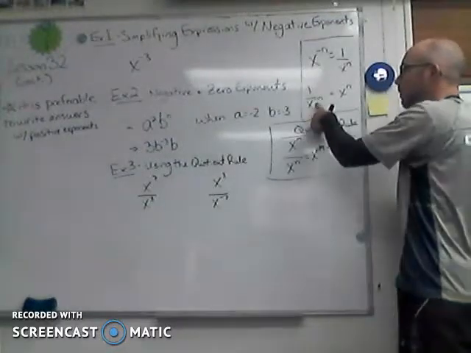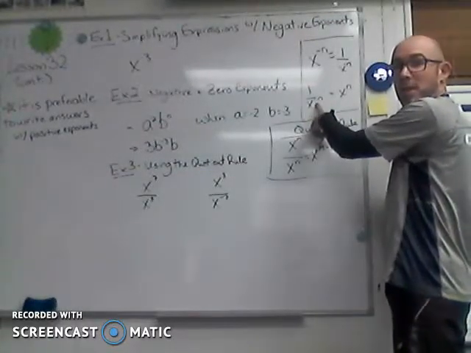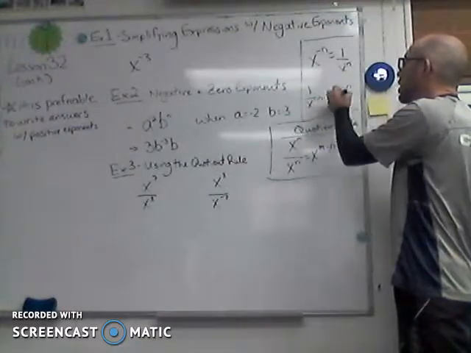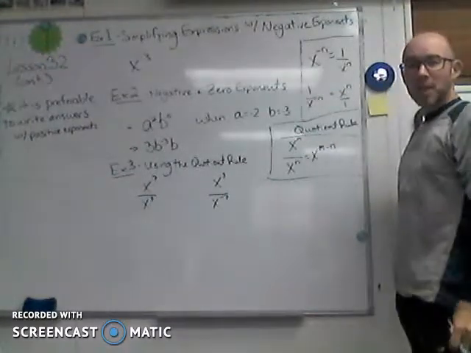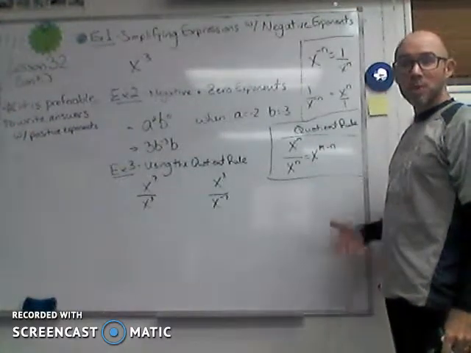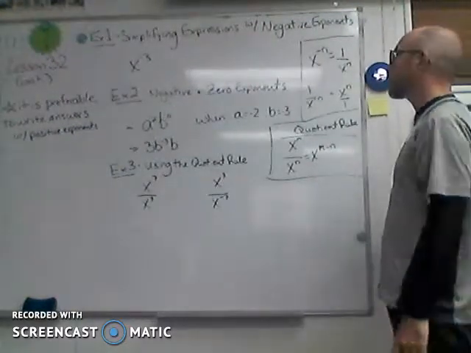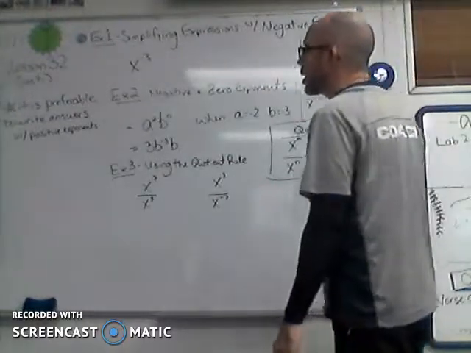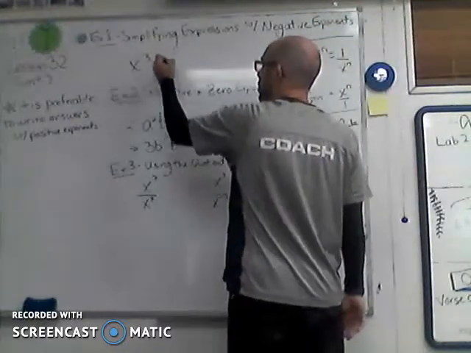Or vice versa, if it's down here and it says a negative, I can bring it up to the top and make it positive. So if I switch it from the numerator to the denominator, the sign switches on the power, on the exponent. So let's talk about this one really quickly.